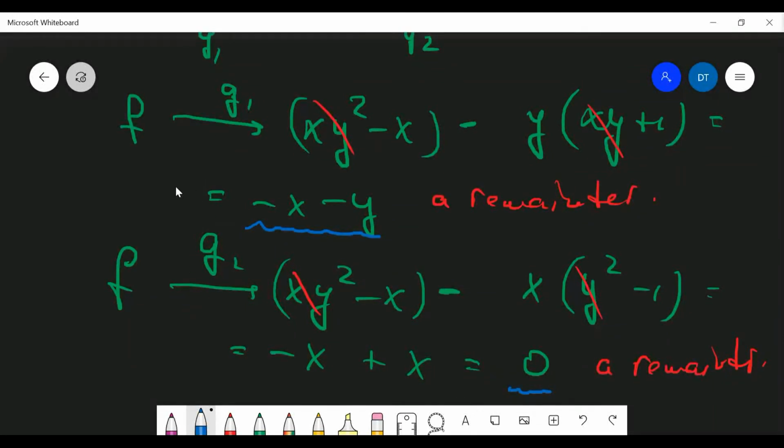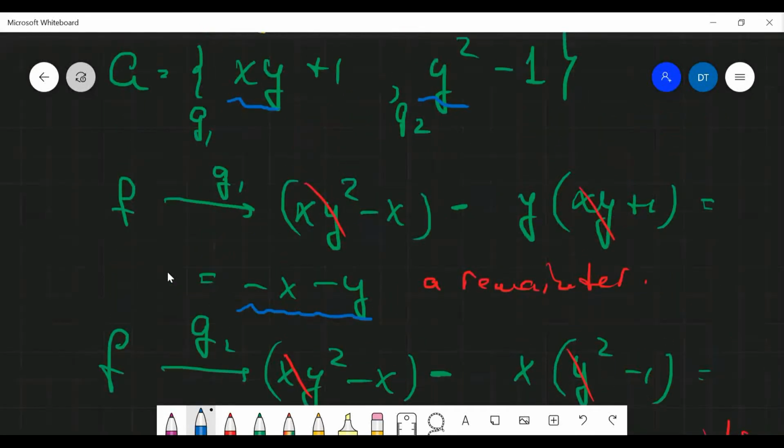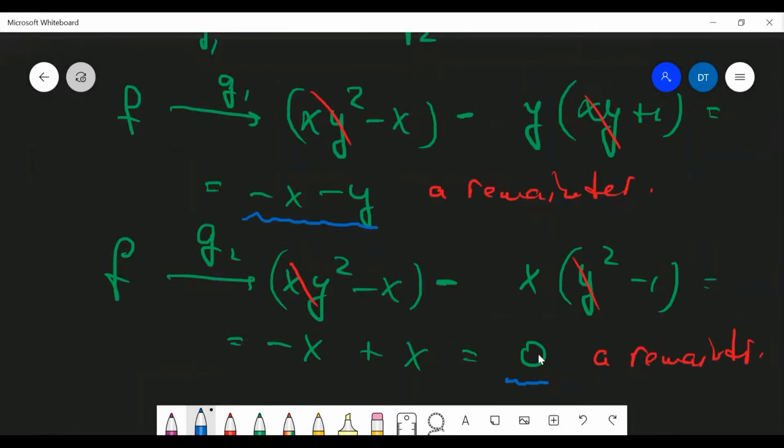But if you choose an inappropriate order of the elementary reductions, you may get a non-zero remainder for the other process. So that's something to keep in mind. This is an example of two different remainders.